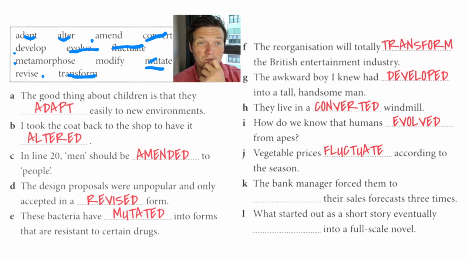I guess you could say modify. Maybe you could even say amend. But in C, you can't say revised or modified, I don't think. So I think amended, I'm going to definitely cross that off. I'm going to say that is C.